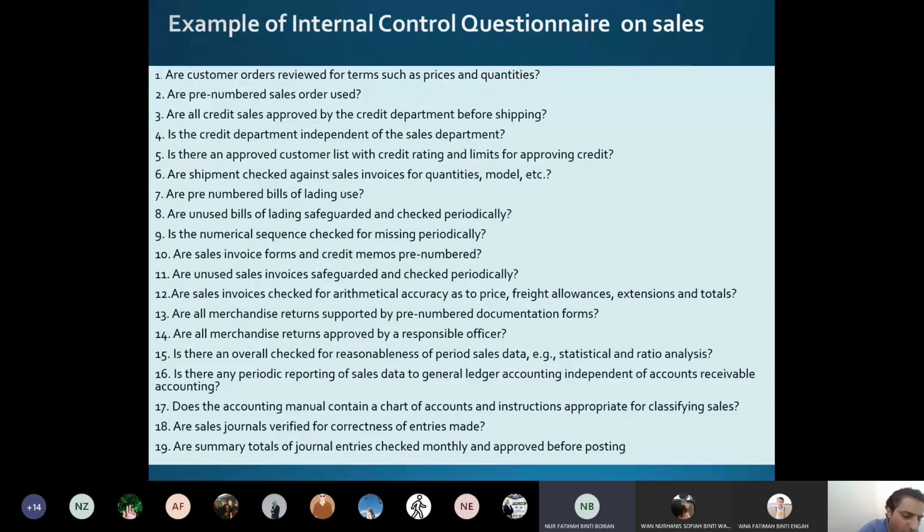So 16, we are trying to check the existence of reporting, monthly or periodic reporting, about the sales data and the balances of accounts receivable, the cash collected, and sometimes also a report about the due amount, the due balance of each customer monthly. Normally it's monthly, and in some countries they have what we call a weekly statement. Okay, number 17.